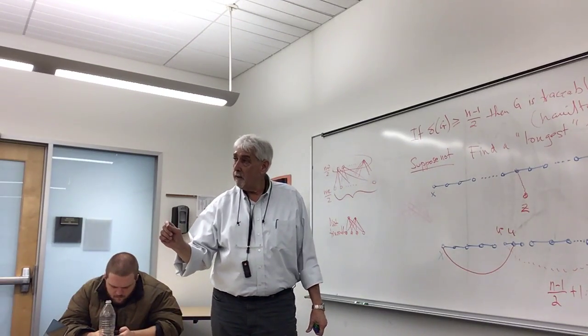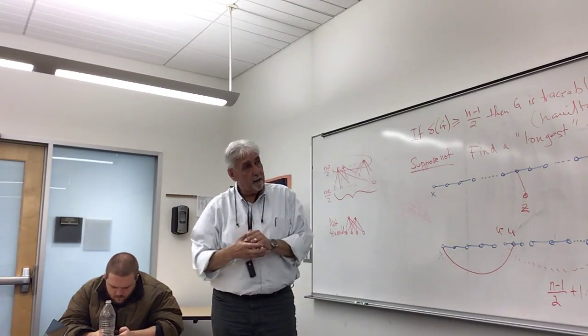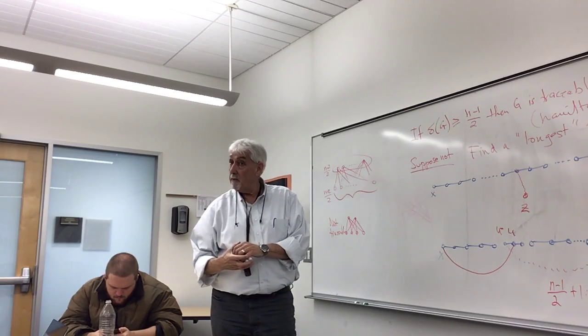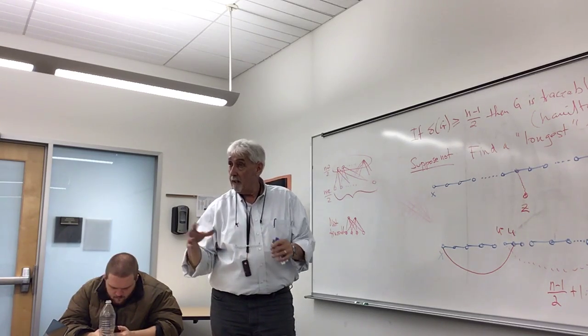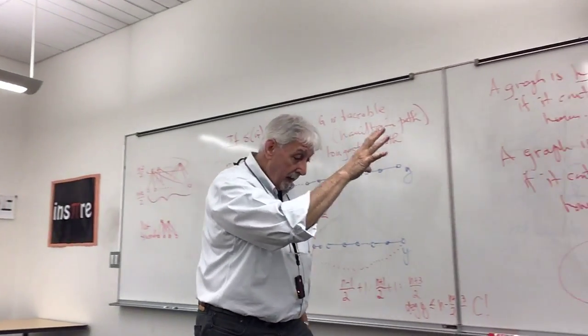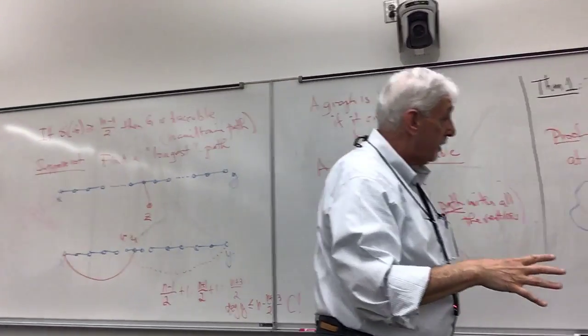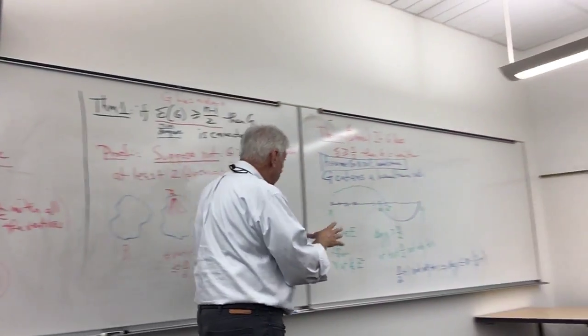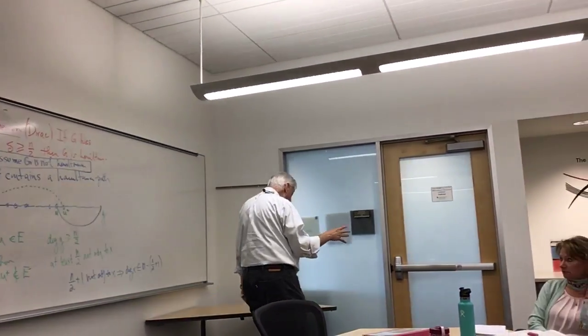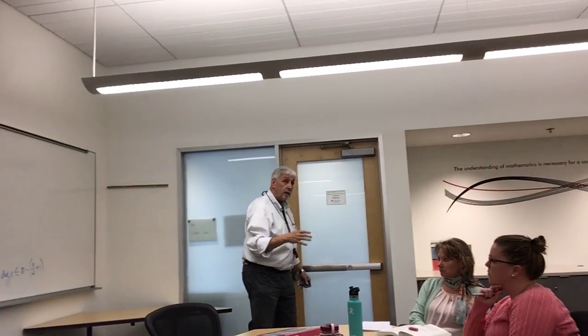Questions about this? I mean, this argument is going to come back as we move on in the course of this semester. We're going to look at similar sorts of arguments to actually do a lot more counting. So we're going to count to come up with different structures about the graph.